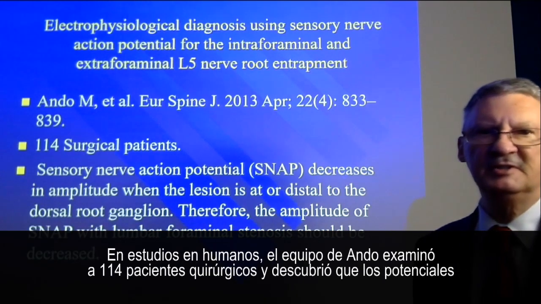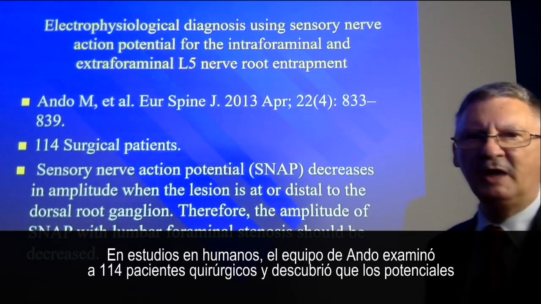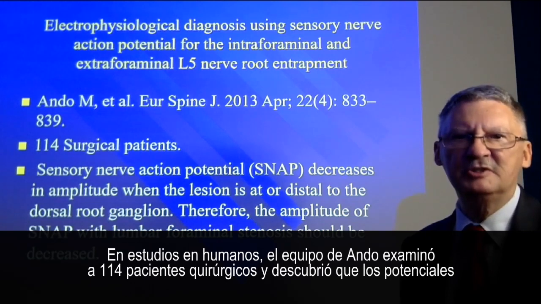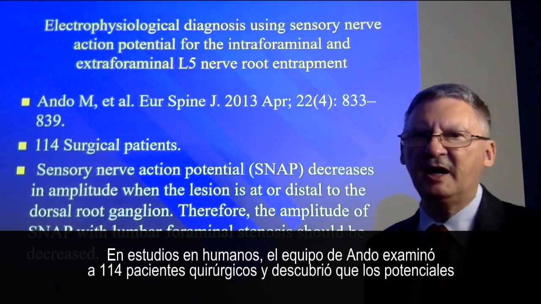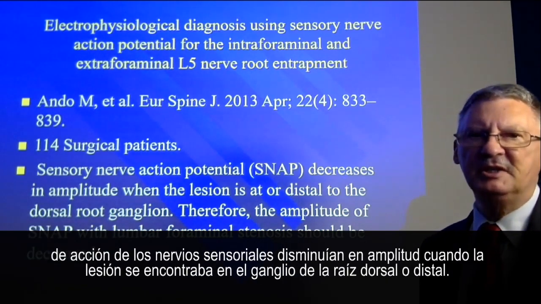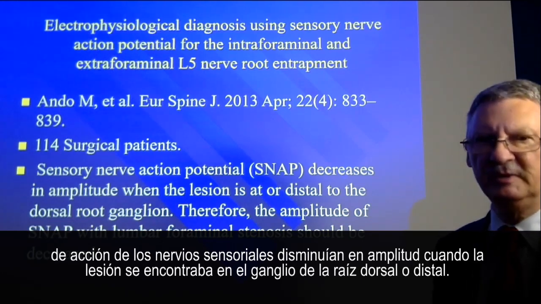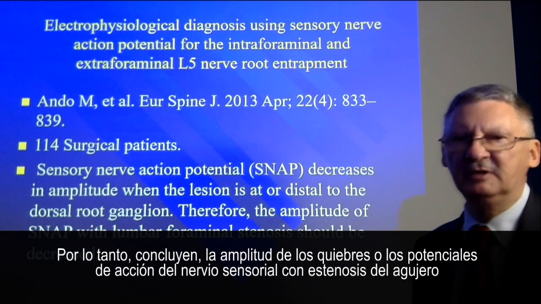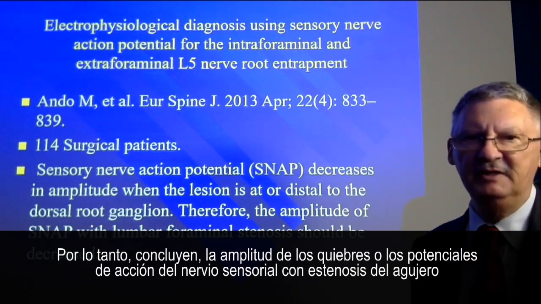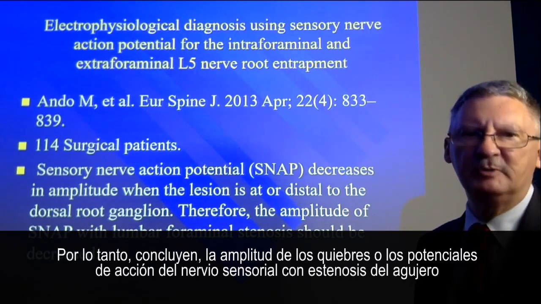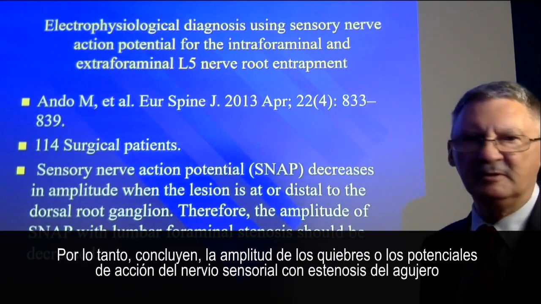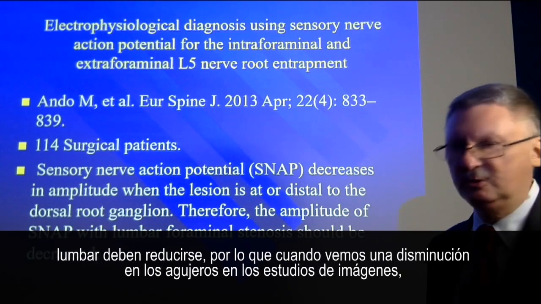In human studies, Ando's team looked at 114 surgical patients, and they found that sensory nerve action potentials decreased in amplitude when the lesion was at or distal to the dorsal root ganglion. Therefore, they concluded the amplitude of the SNAPs, or sensory nerve action potentials, with lumbar foraminal stenosis should be decreased.